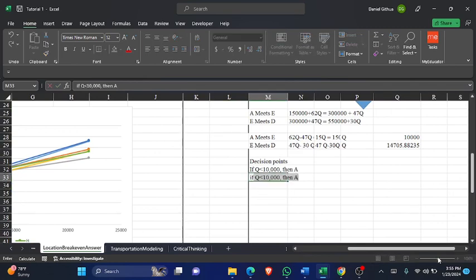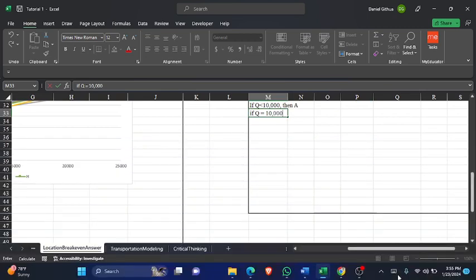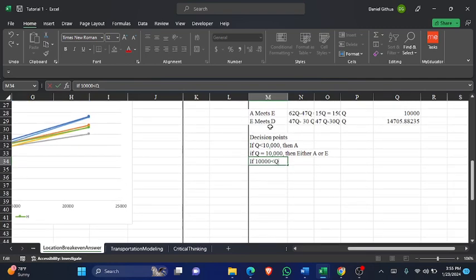Then the next decision will be if Q is equal to 10,000, then either A or E. Now also if 10,000 is less than Q and less than 14,706, let's use its whole number, then we choose E.